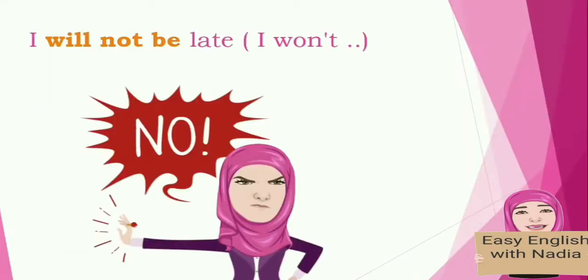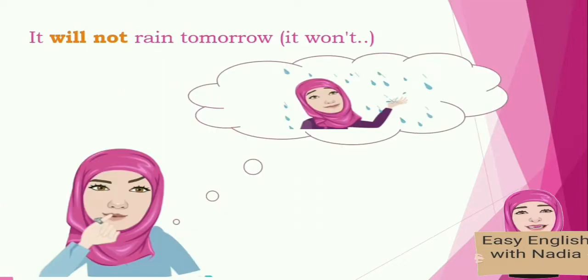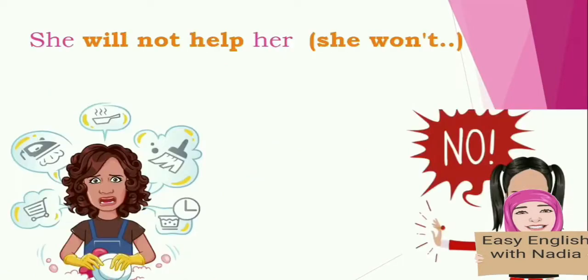Negative. I will not be late or I won't be late. It will not rain tomorrow or it won't rain tomorrow. She will not help her or she won't help her.